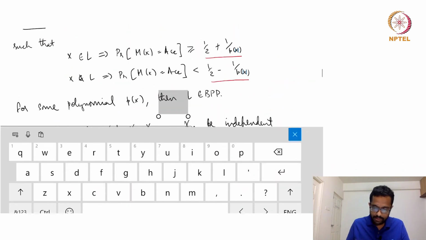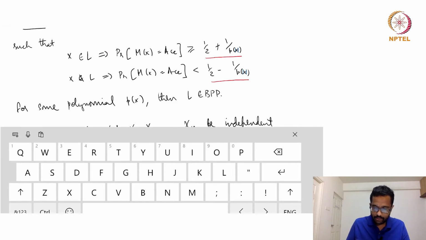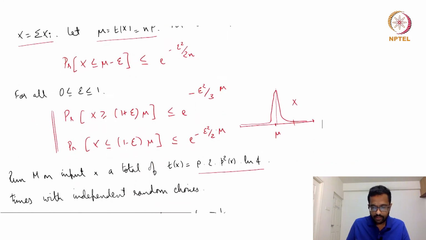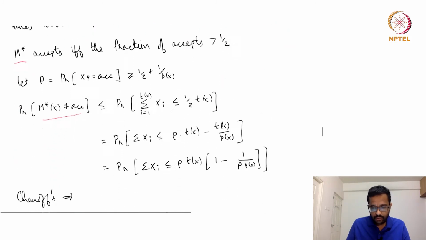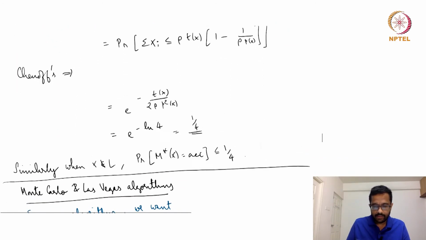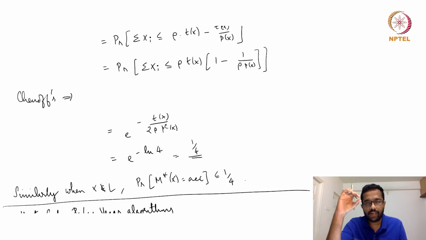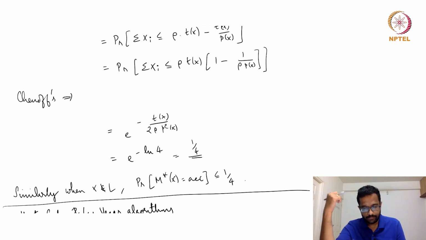So just by repeating it many times and by virtue of Chernoff bound, we can infer that even from a small gap, half plus 1 by p(x) and half minus 1 by p(x), you can boost it sufficiently to get something like 2/3, 1/3 or 3/4, 1/4. All that you do is repeat it many times, and whatever is the majority outcome that happens more number of times, you output that.